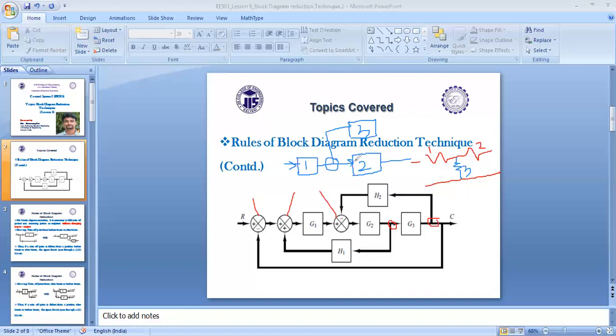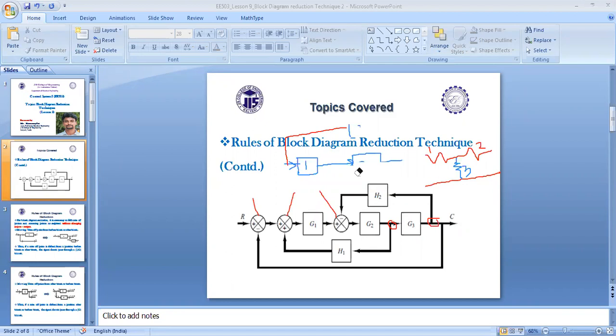Now what we need to do, we need to shift this takeoff point before 1 or after 2. If we can shift this takeoff point before 1 or after 2, what will happen? If it is shifted to this point, then 1 and 2 will be connected in series again.